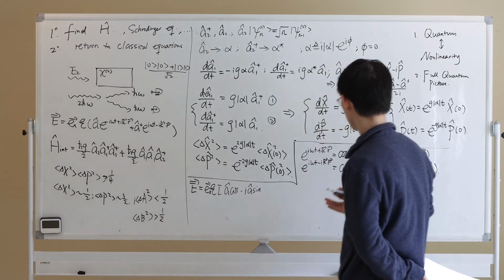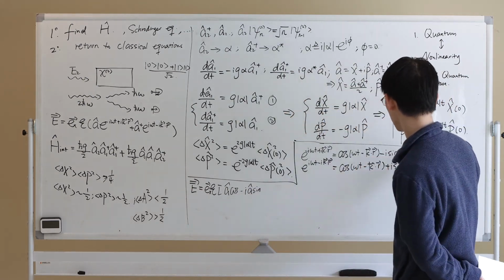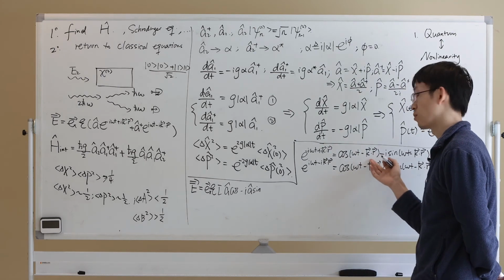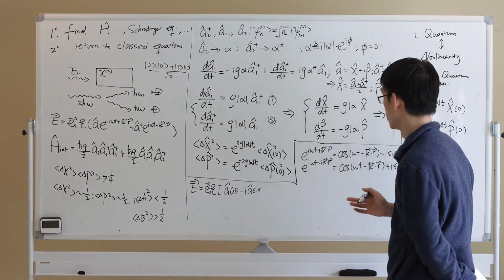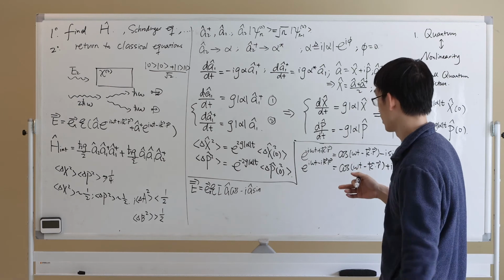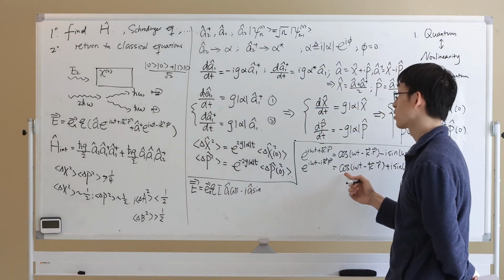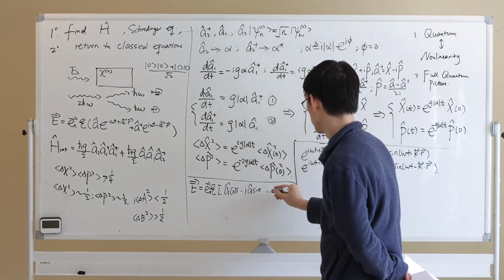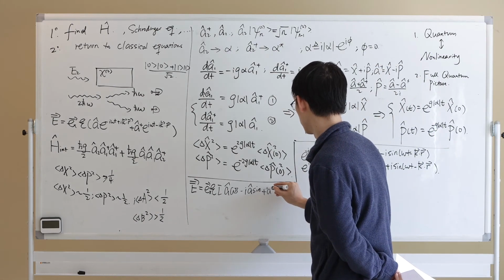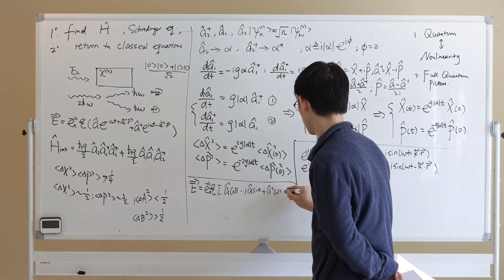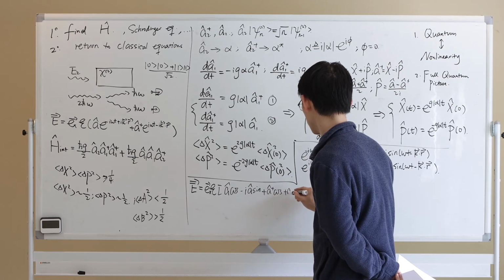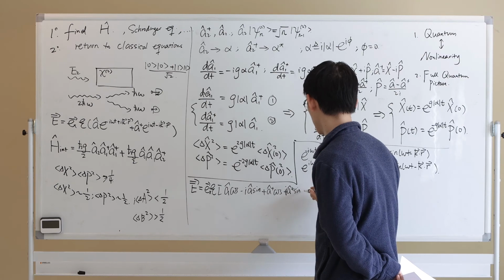We can drop whatever is in the middle here, in the bracket, and later put it back. And then we have A dagger, which is cosine plus I sine, so plus A dagger cosine plus I A dagger sine.